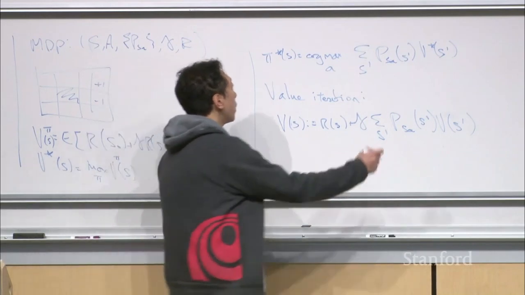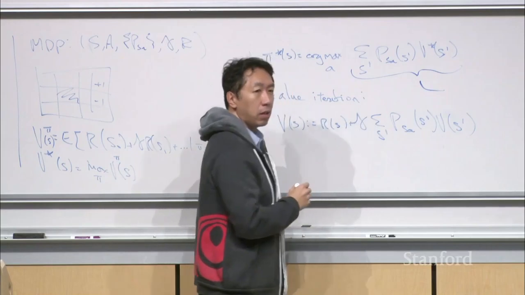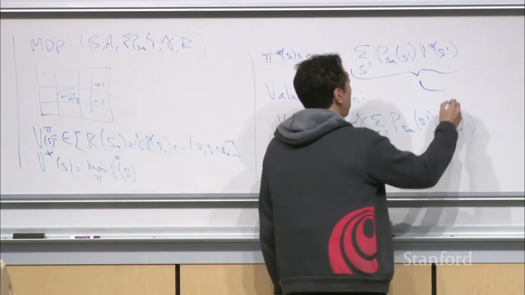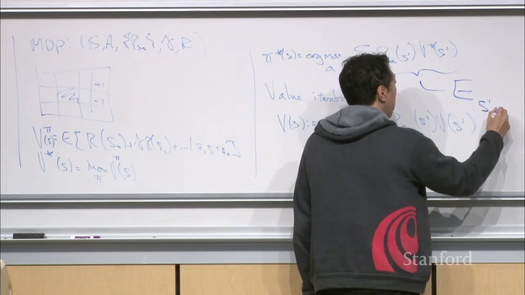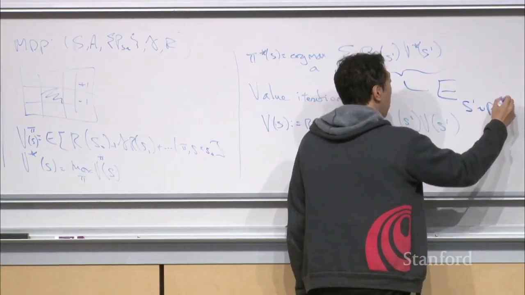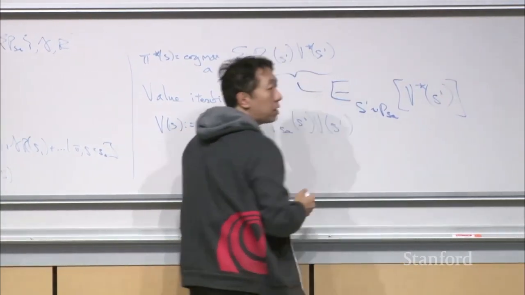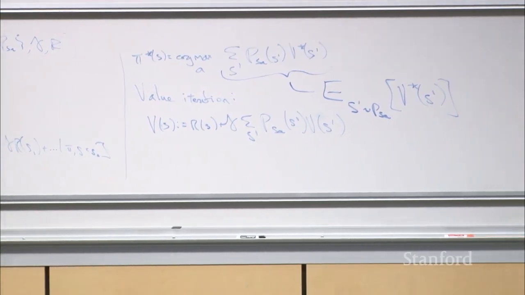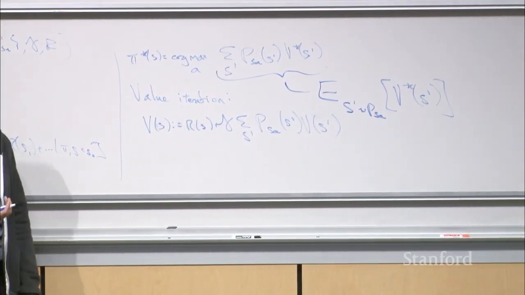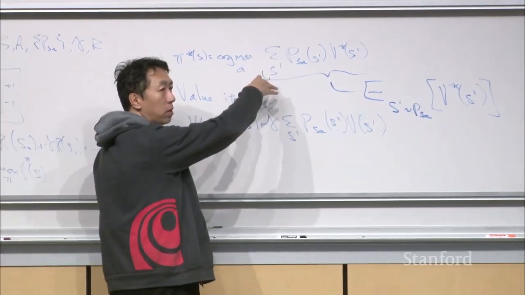One thing we'll come back to later is that an equivalent way of writing that formula is the expectation with respect to S prime drawn from P_SA of V star of S prime. We have been working with discrete state MDPs, like the 11 state MDP, so this is a sum over all the states S prime.